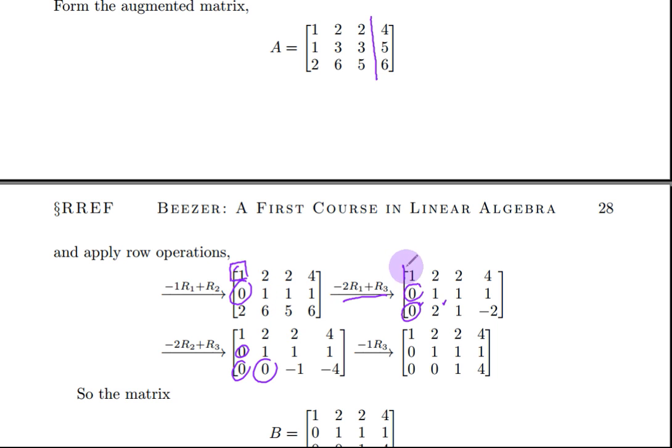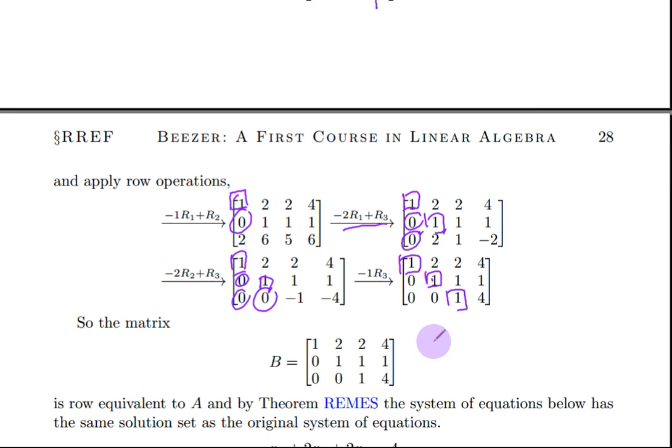This matrix has a 1 here and a 1 here. My final matrix here has a 1 here, a 1 here, a 1 here, and then zeros down below. So it has a stair-step pattern of 1s underneath which you have only zeros.